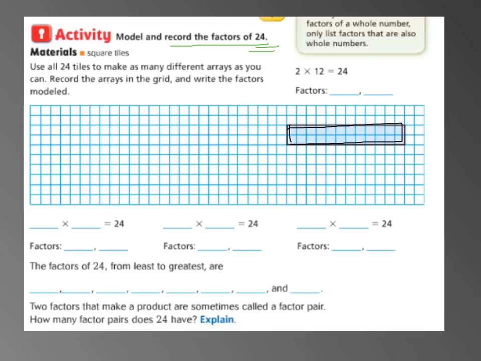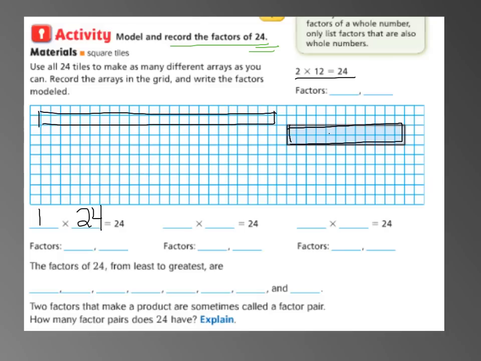Well, remember we said in the definition of a factor that you can always multiply 1 and the product itself, and you will get the same product. So I could go 1 times 24, which I think is going to go down to about here. Okay, this is one way to model it. And we'll say that is 1 times 24. And you can see this one here is 2 times 12.